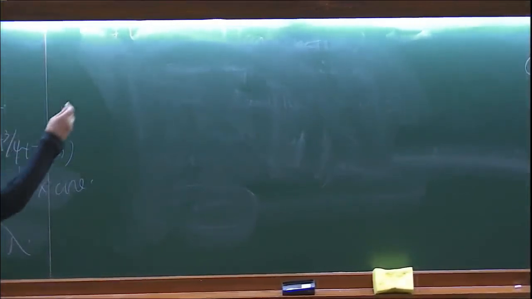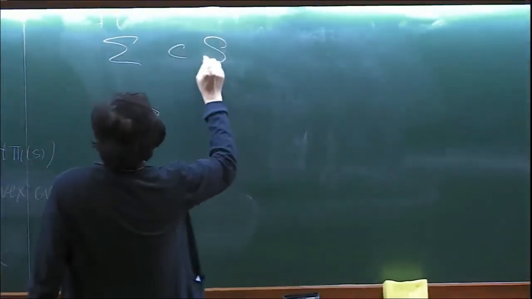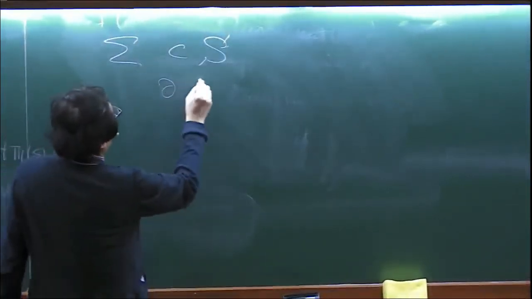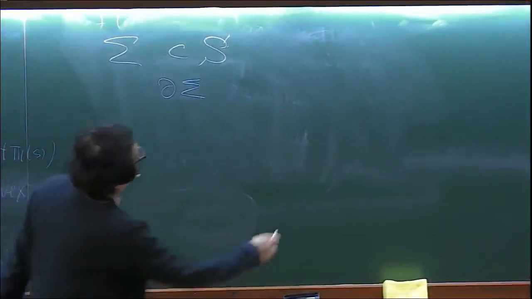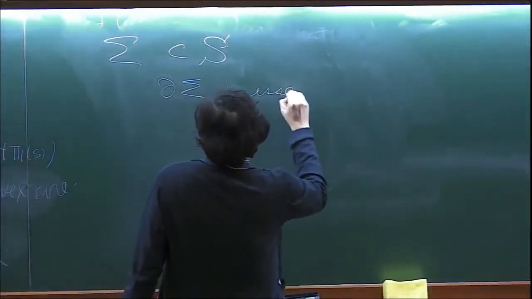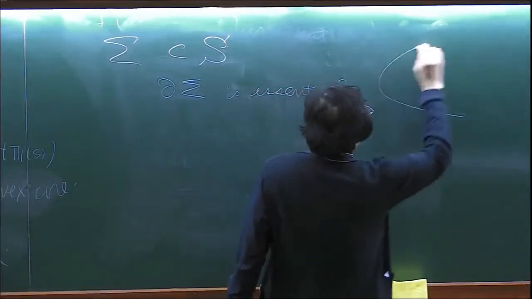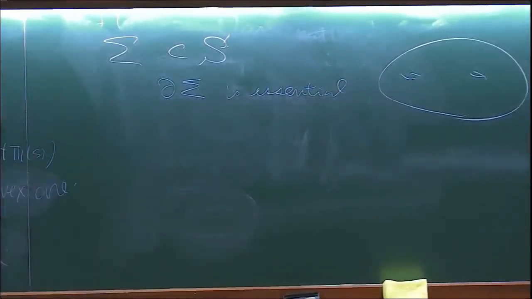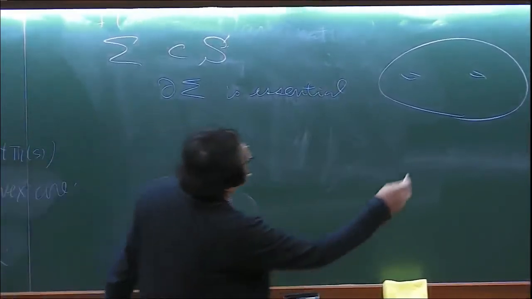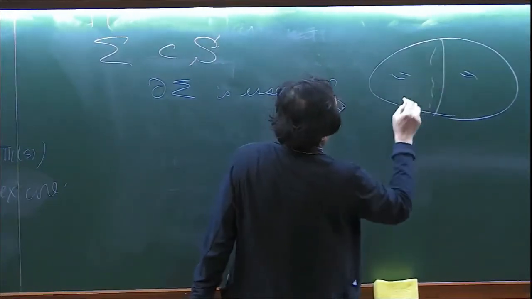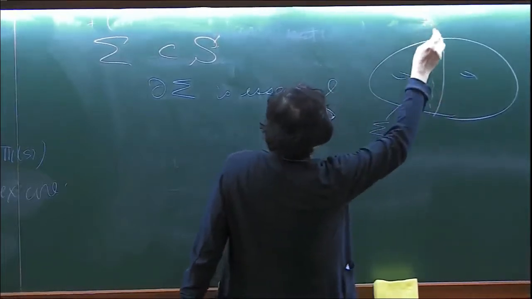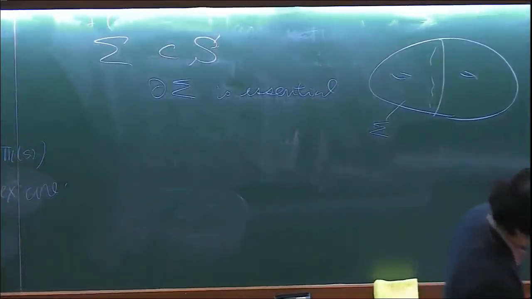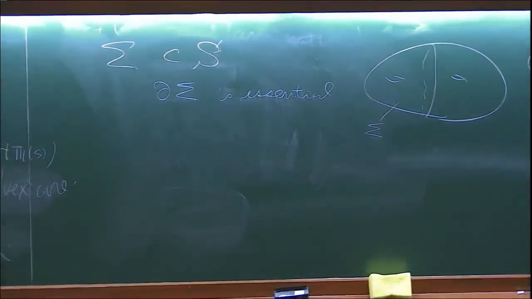So we consider sigma, which is a subsurface of S. We suppose that the boundary of this one is essential, that means no component of the boundary of sigma is contractible. For example, S is genus 2 and sigma is genus 1 with one boundary.